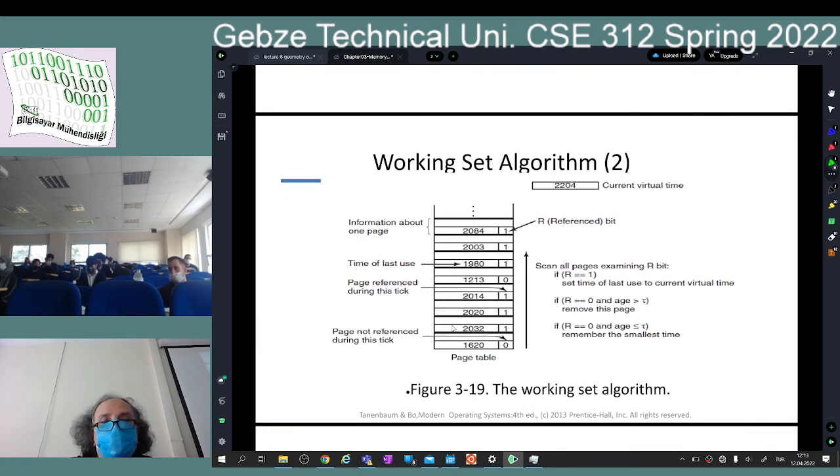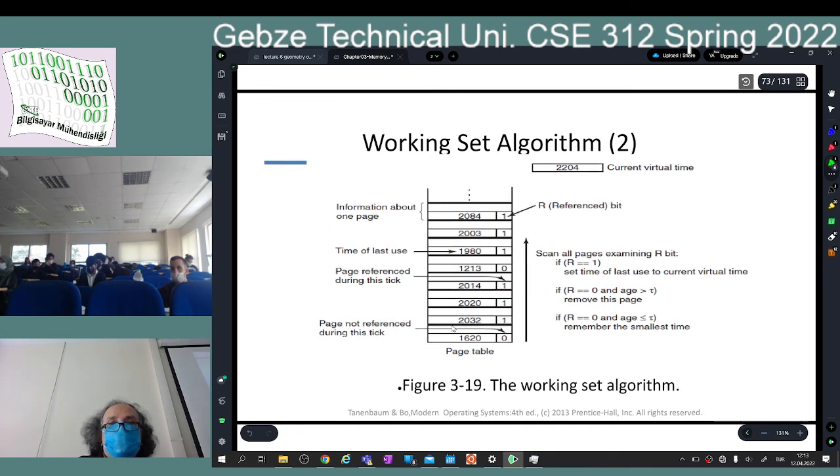Okay, so current virtual time. This current virtual time is not an instruction counter, because keeping an instruction counter is expensive. It needs hardware help.